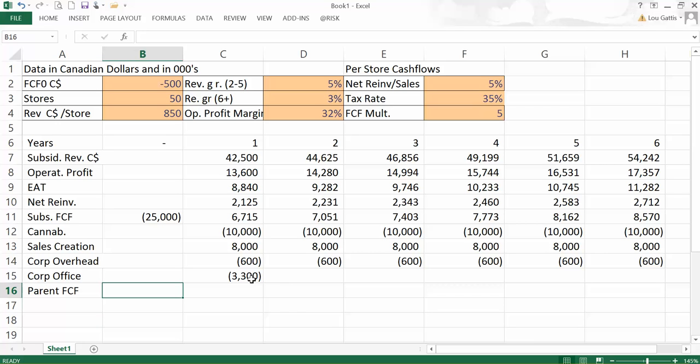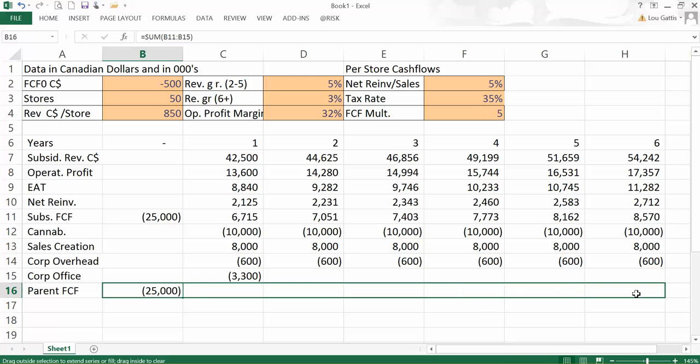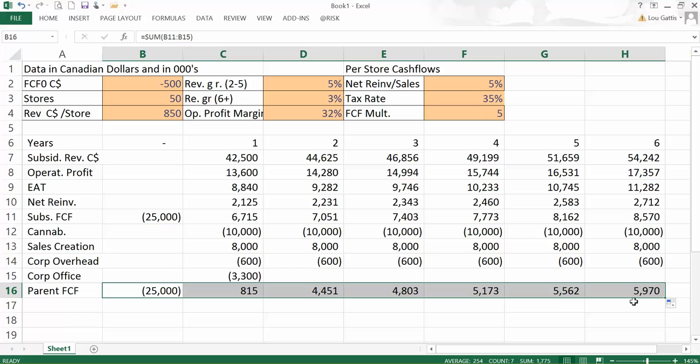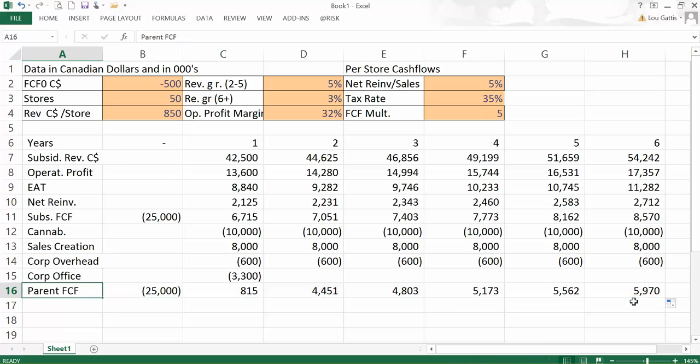So I'm going to sum up these numbers. So now we have parent free cash flows in Canadian dollars, but before repatriation taxes.